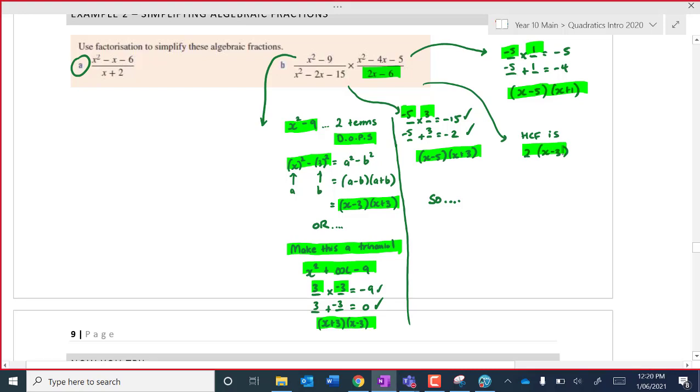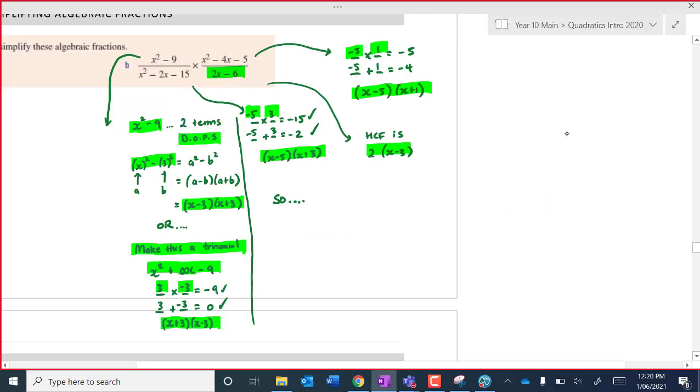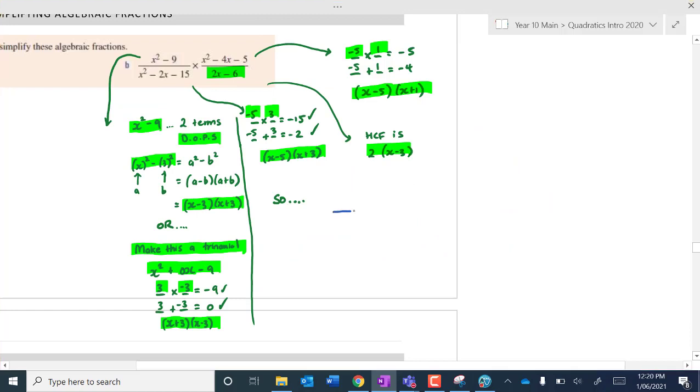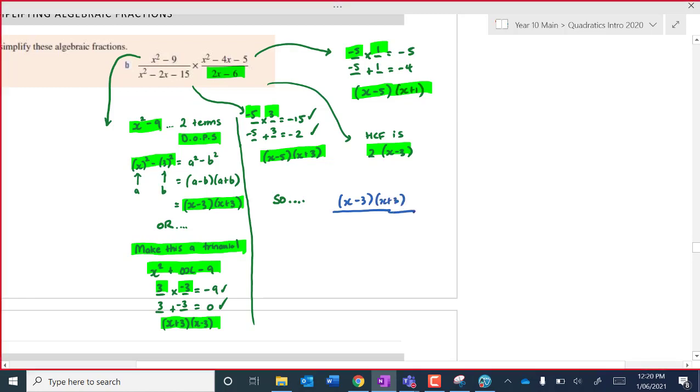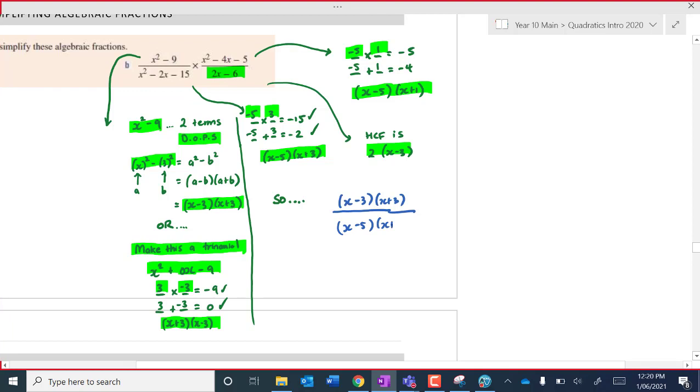Now, if we can just bring all of this together, then hopefully we're going to make life easier for ourselves. So over here, x squared minus 9 factorizes to this. And then we have x minus 5 and x plus 3 over here for factorizing this.